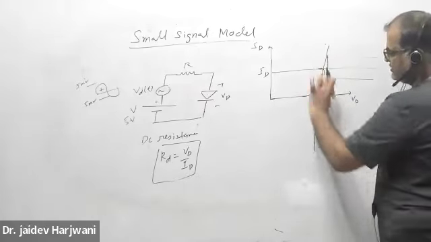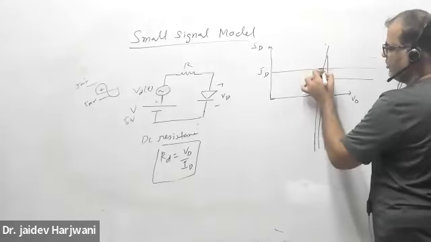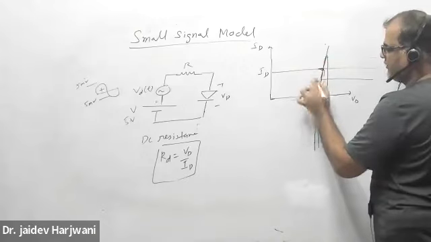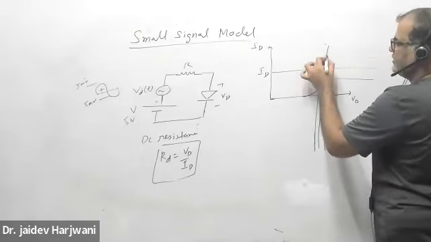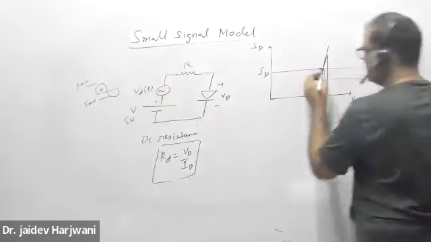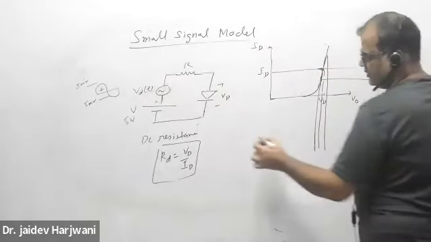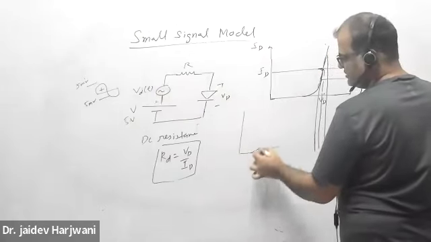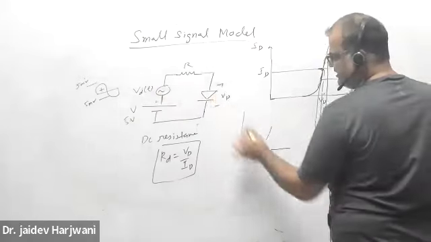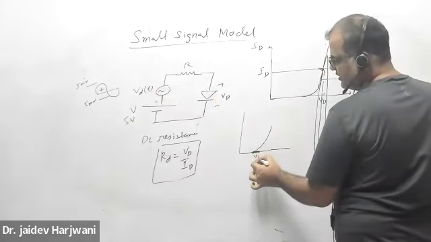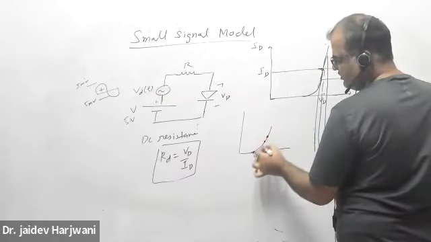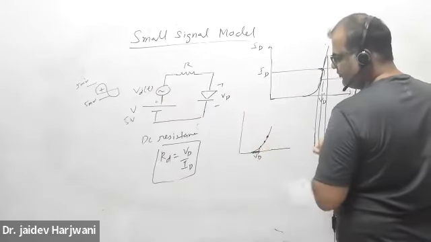Now I'm applying some small amplitude. Because of the small amplitude, this point is shifting. If you're applying positive peak, it is going up. If you're reducing this voltage, this ID will drop, because this is the IV characteristics. If VD changes a little bit with applied voltage, then this point will shift. If it is increasing, it should go here. If VD is decreasing, this point will go down.